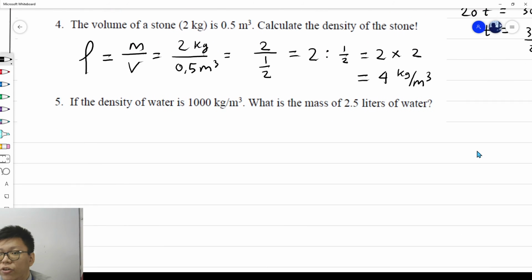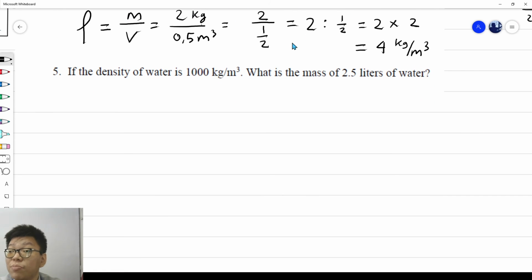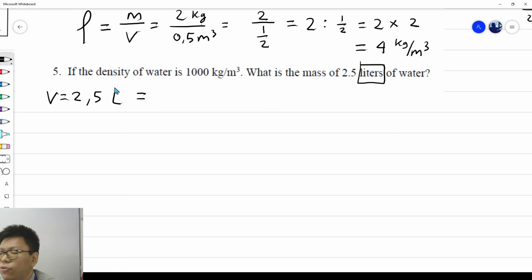Number 5. Okay, number 5, yeah, half is my fault because I'm using liters. But for the test, no, you do not need to convert it. Okay, so for this, the volume is 2.5 liters. Once again, I will say, in the test, you will not need to convert from this into this. On the density, you need to convert some unit later on. Liter is equal to decimeter cubic.